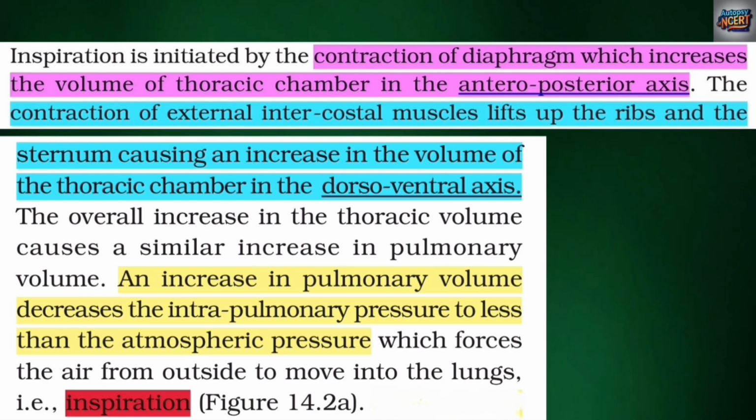The contraction of external intercostal muscles lifts up the ribs and the sternum, causing an increase in the volume of the thoracic chamber in the dorsoventral axis. The overall increase in the thoracic volume causes a similar increase in pulmonary volume. An increase in pulmonary volume decreases the intrapulmonary pressure to less than the atmospheric pressure, which forces the air from outside to move into the lungs, i.e., inspiration, Figure 14.2a.